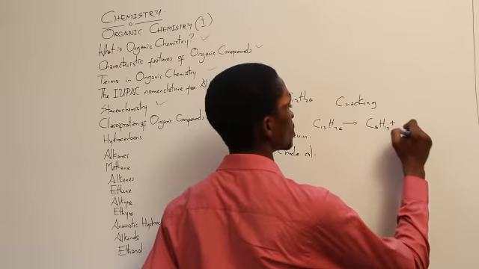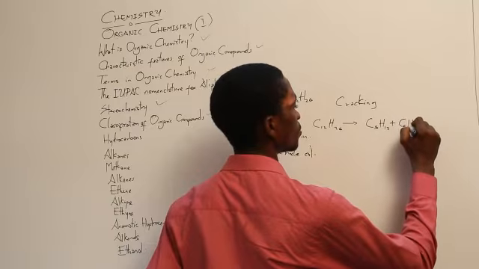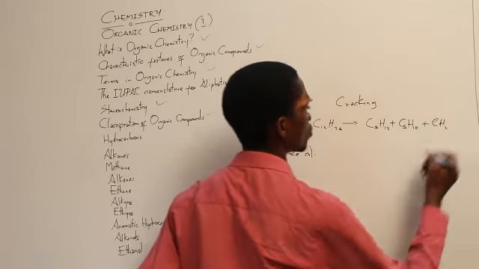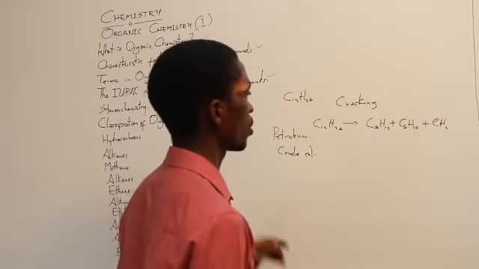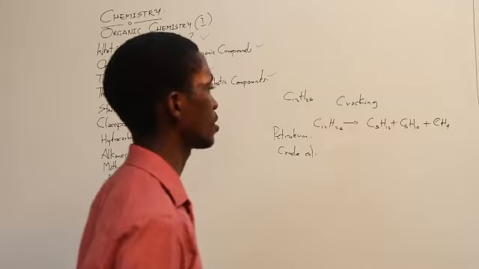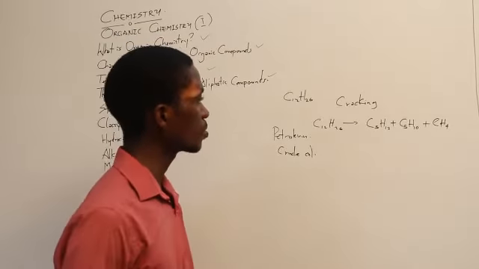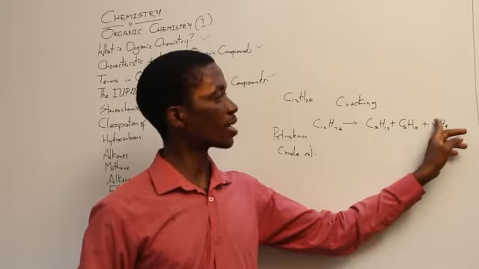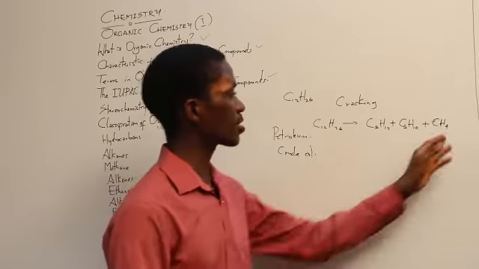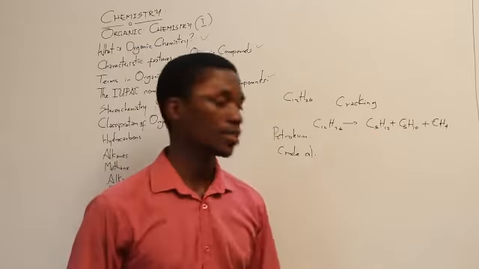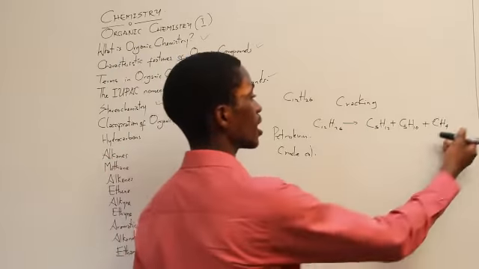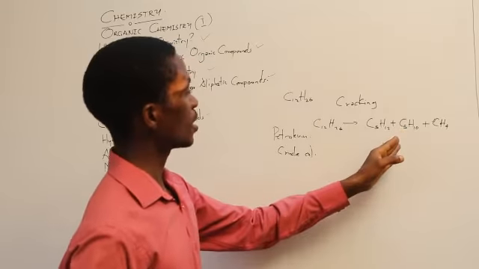C5H12 plus another C5H10, and it will give away CH4 in the process. The equation has to be balanced. It will give away methane gas, provide for us pentane and pentene.